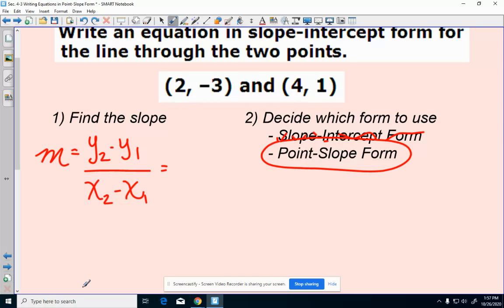There's your slope. So now take your slope in one of these two ordered pairs. I would suggest, Aubrey, that you use this ordered pair here.